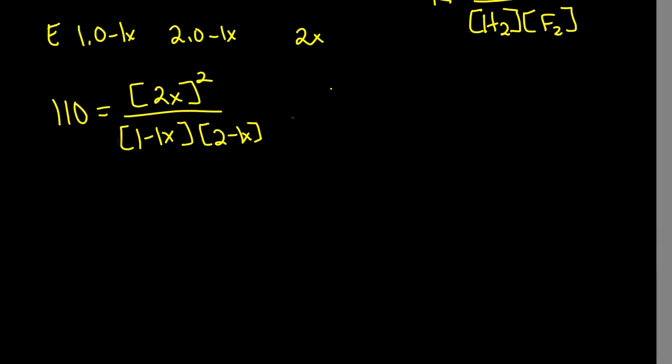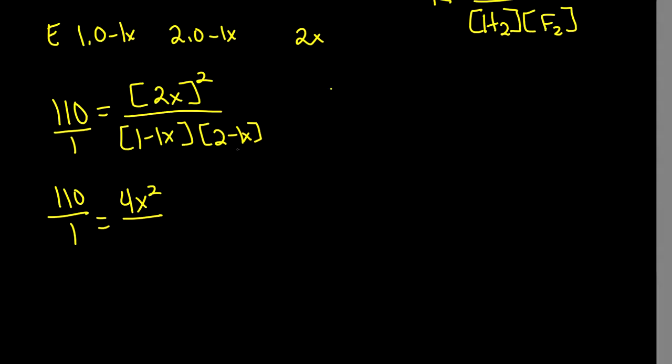Alright. Now we've got some algebra, and we need to solve for x. To do that, I'm going to put 110 over 1. Now I'm going to simplify this down as much as I can. So 110 over 1 equals 2x squared, which becomes 4x squared because 2 squared is 4 and x squared is x squared, over 1 minus 1x times 2 minus 1x.